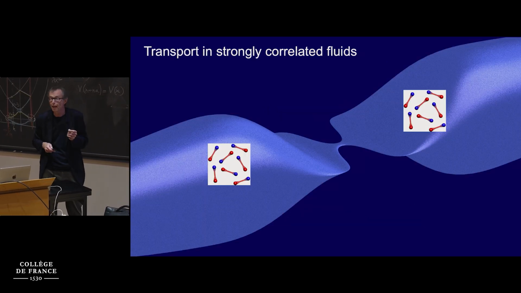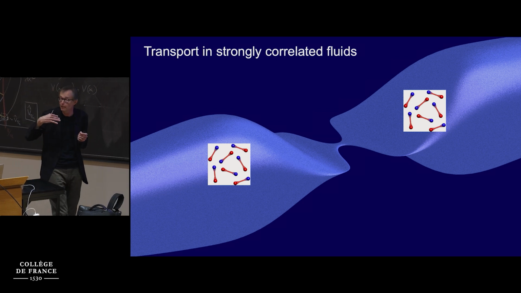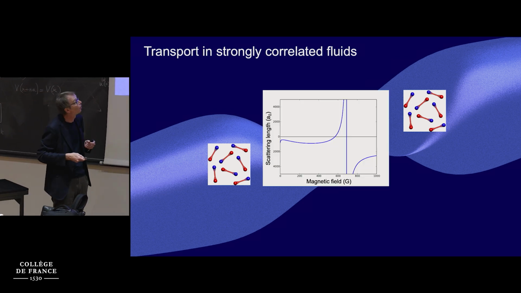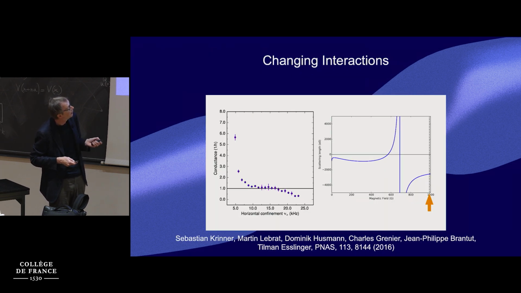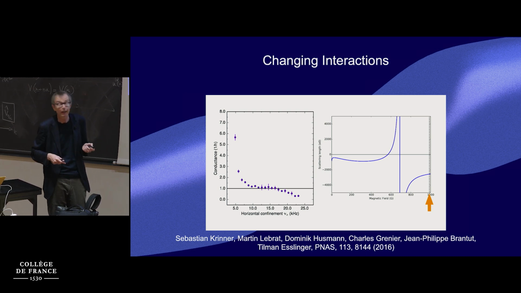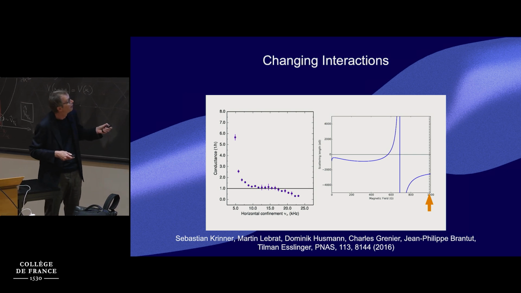But now what is happening if we increase the interactions? If we have increasingly strong interactions. And this is the Feshbach resonance here. Now let's take fairly weak, but medium weak interactions. There we still see a conductance of 1 over h.